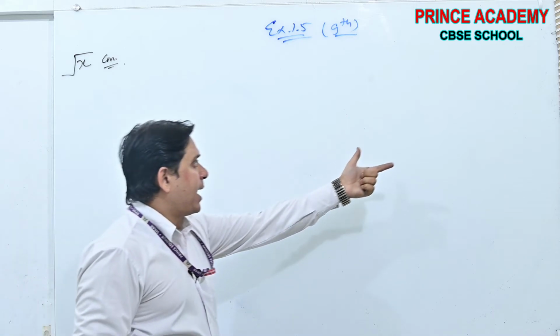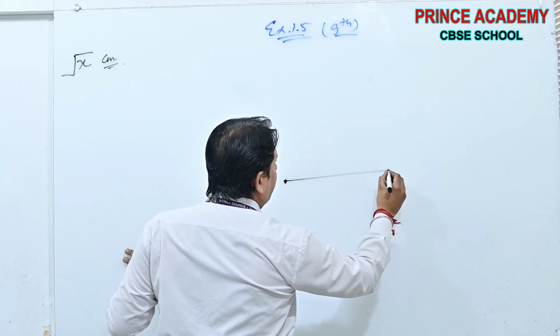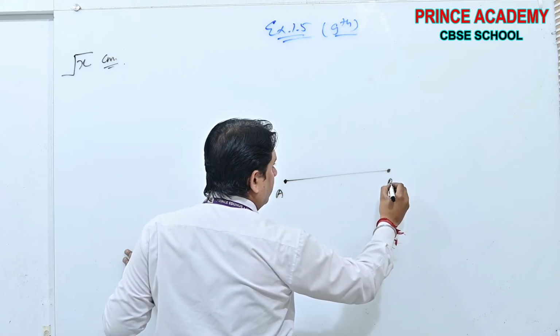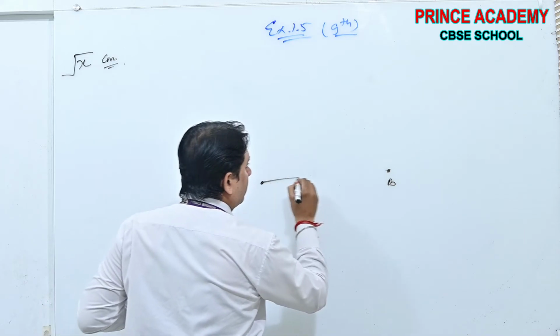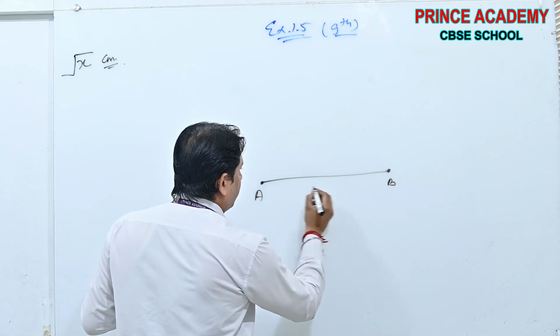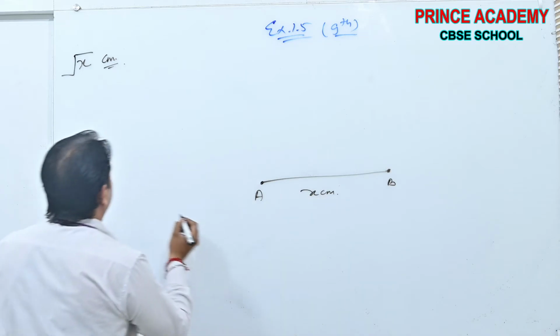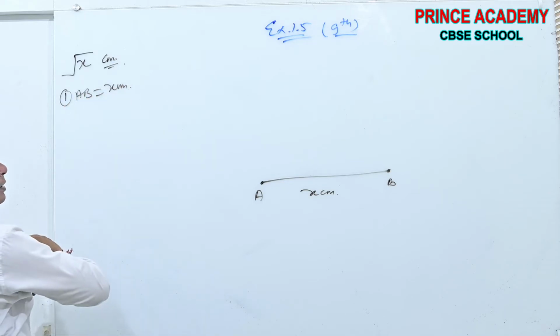See beta, I am drawing here and I will write here. AB. Take a little bit of length here. Number 1, this whole AB is x centimeters.